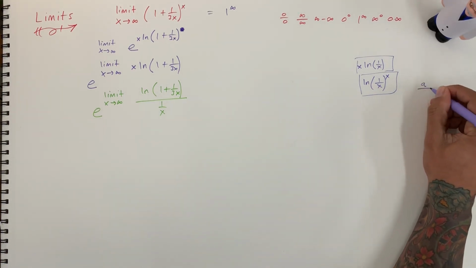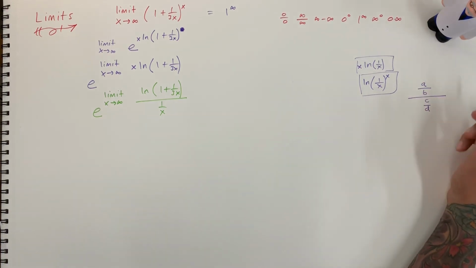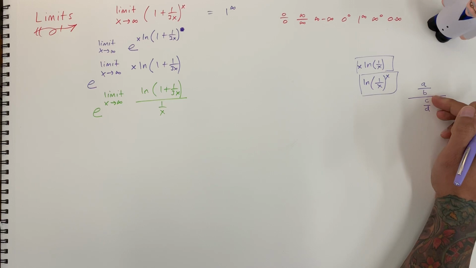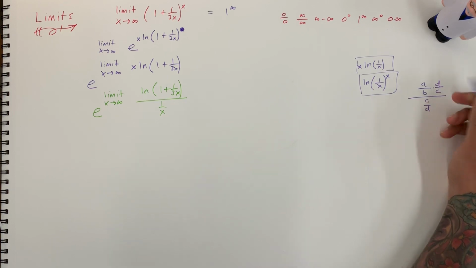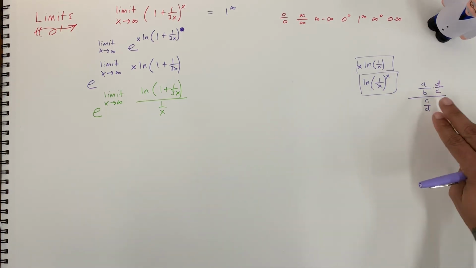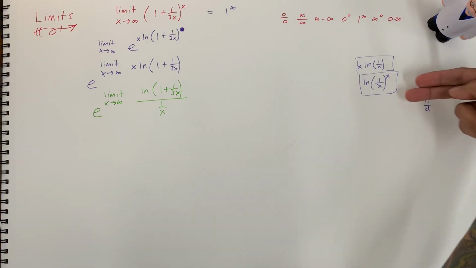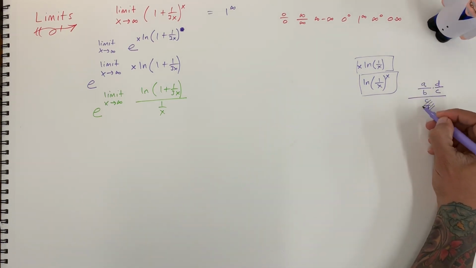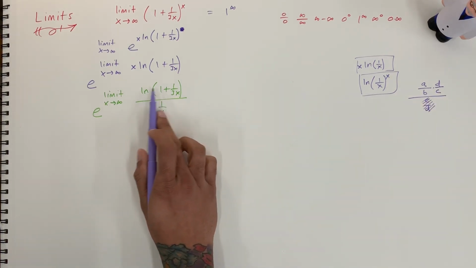If you have a over b divided by c over d, then you can flip the bottom fraction up, and you'll have d on the top and c on the bottom. So you took this fraction down here and flipped it to the top, and now they multiply across. You don't need this bottom term anymore. So that's what this is doing.